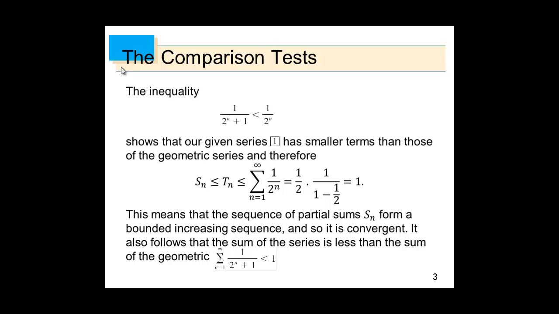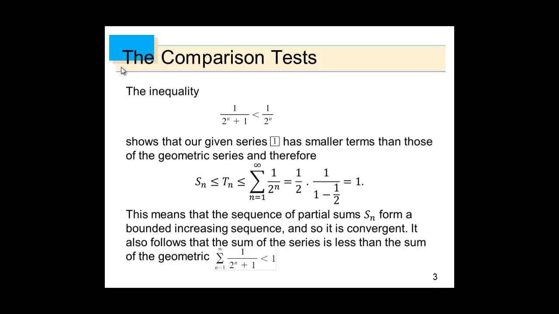Why does it hold? They have the same numerators, but the denominator on the left is bigger, right? So if you divide 1 by a bigger number, don't you get a smaller ratio? Is everybody okay with that?